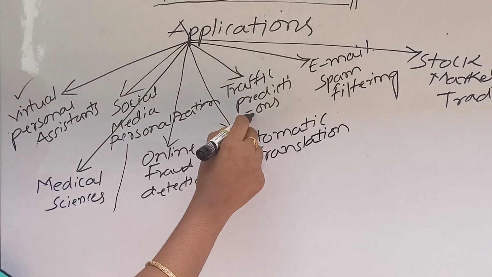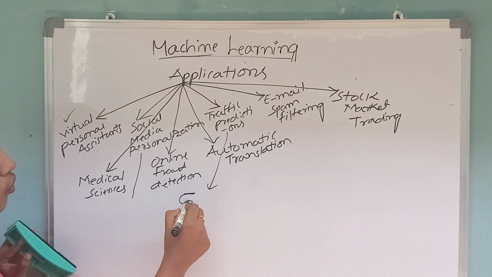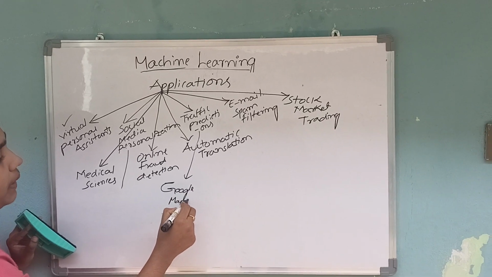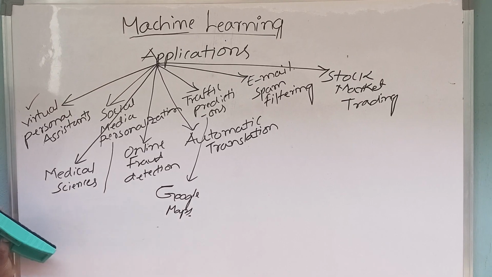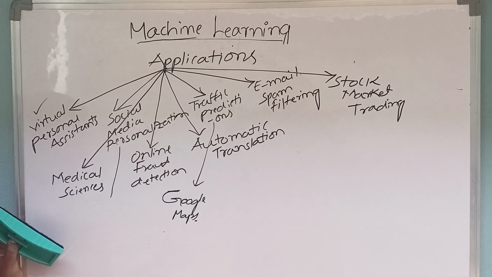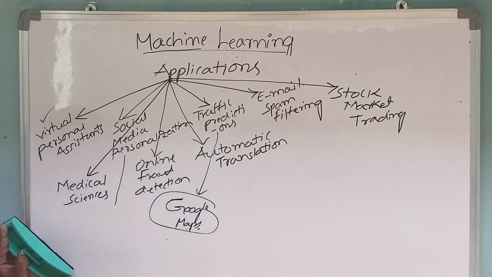Traffic predictions. The best example is Google Maps. Based on various users' feedback, it suggests the routes which have light traffic. So this is how traffic predictions work.